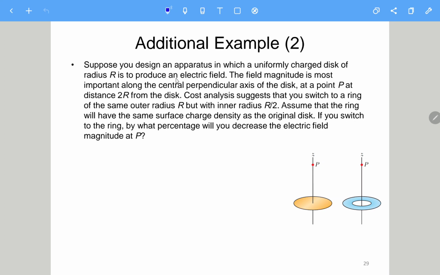The field magnitude is most important along the central perpendicular axis of the disk at a point P at distance 2r from the disk. So this is 2r. Cost analysis suggests that you switch to a ring of the same outer radius r, but with inner radius r over 2.